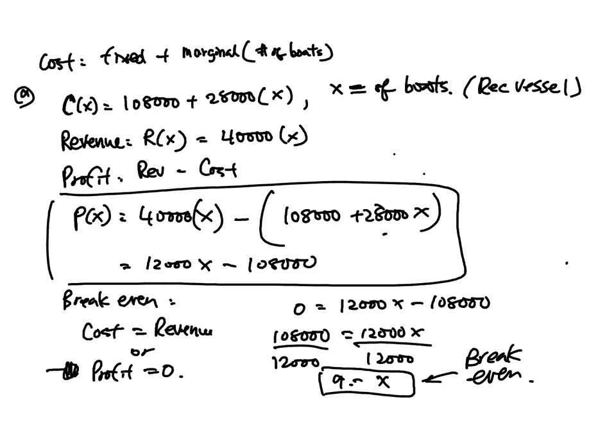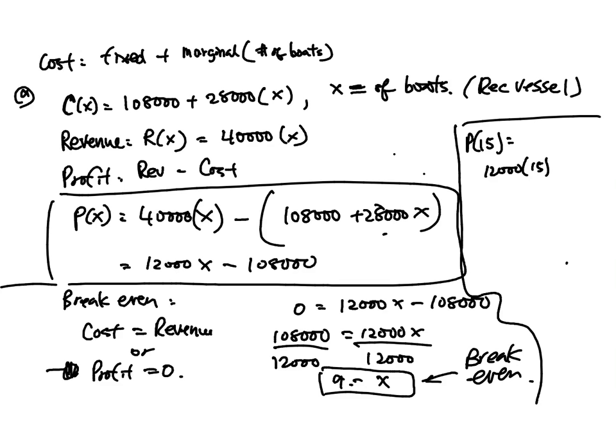Okay. Now part C, looking to find the profit if 15 boats are sold. So let's go ahead and plug in 15 for x. Once you plug in 15 for x into the profit function, this is going to be 12,000 times 15 minus 108,000.